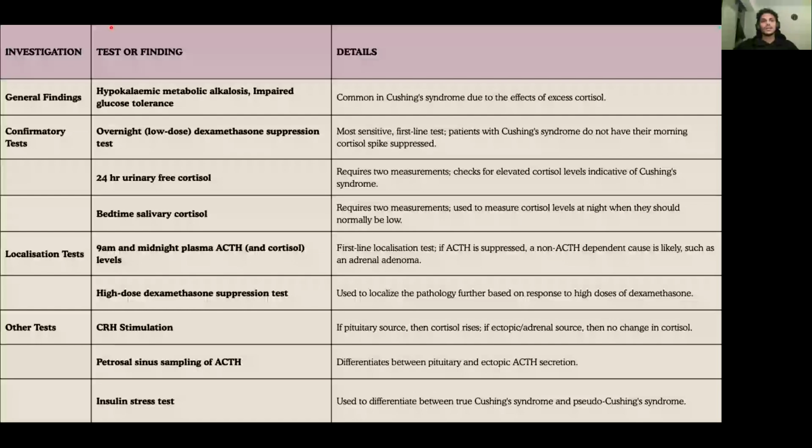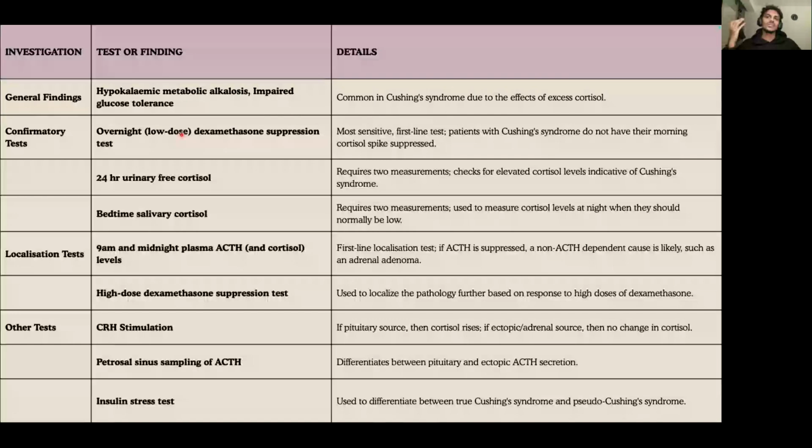Now the confirmatory test, there are quite a few that you do, and we'll discuss a couple of them in detail. So you can do the dexamethasone suppression test. It's something very important and quite foundational that you can remember in endocrine: if you expect a hormone level to be high, like in Cushing's, where there's excess cortisol, you will almost always do a suppression test, right?